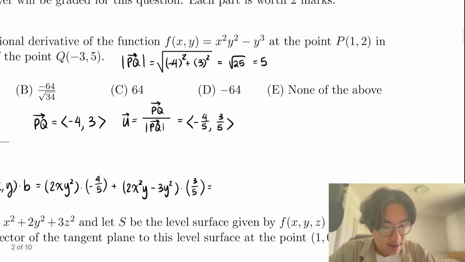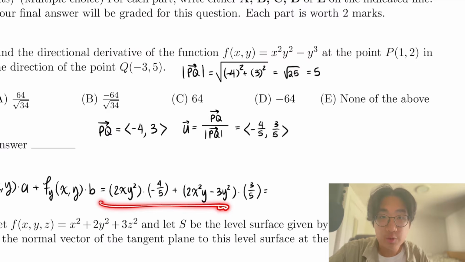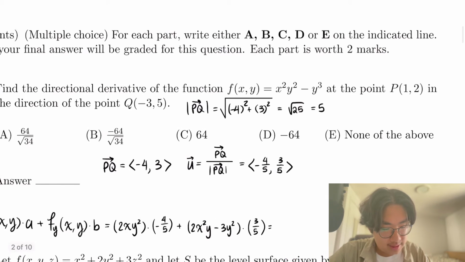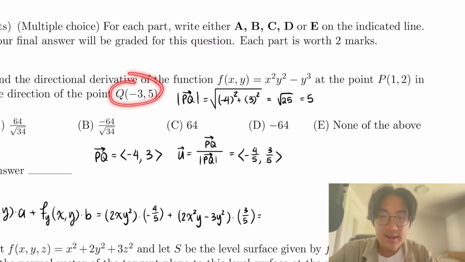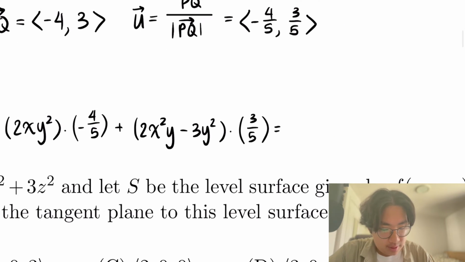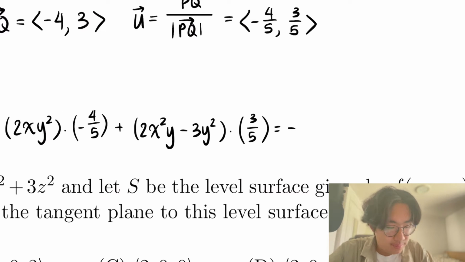And now we can evaluate at our point. So this is our expression for the directional derivative. Now we need to find it at this point right over here, 1, 2. So don't use Q. Q is giving our direction. We're looking at the specific point 1, 2. So when x is 1, y is 2, we have 2 times 1 times 2 squared, which is 4, so we have 8, and then 8 times negative 4 is negative 32 over 5.